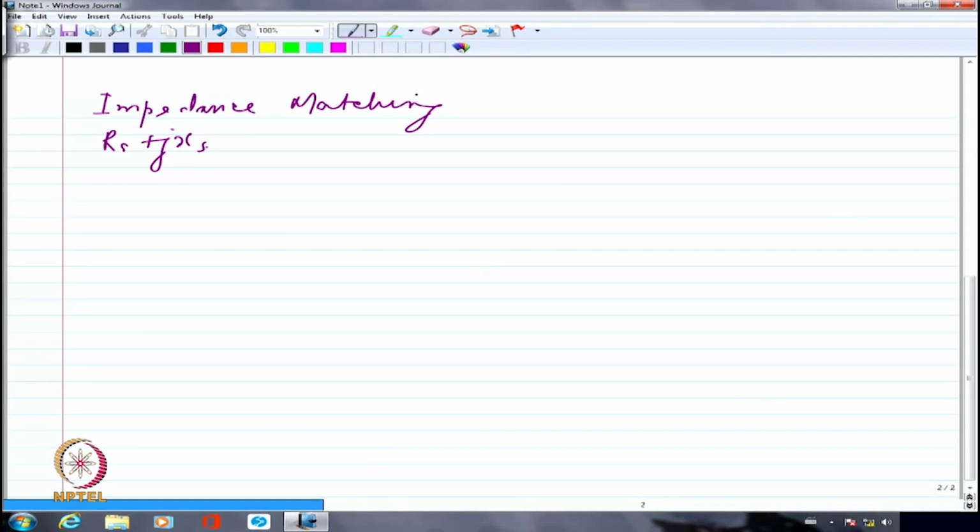The load impedance, if it is actually RL plus jXL, when I have RS equal to RL and XS equal to minus XL, I am going to have maximum power transfer.